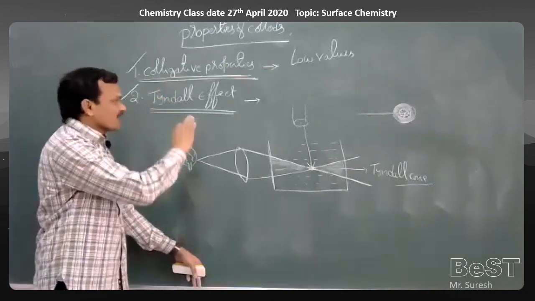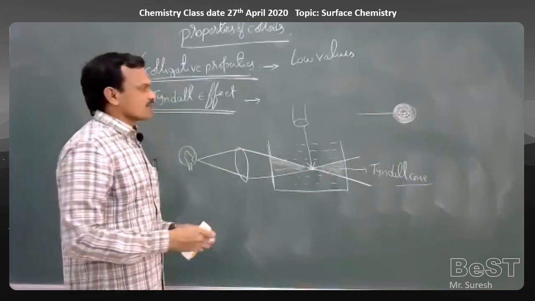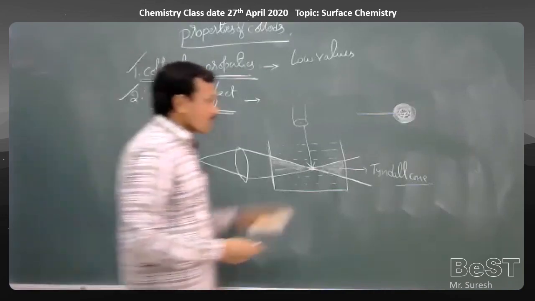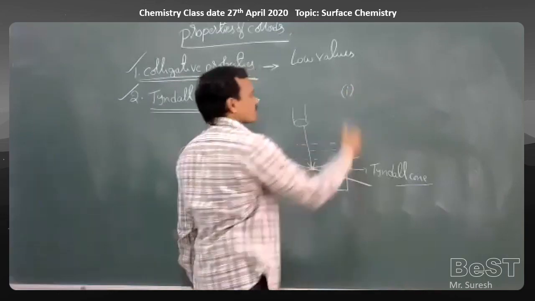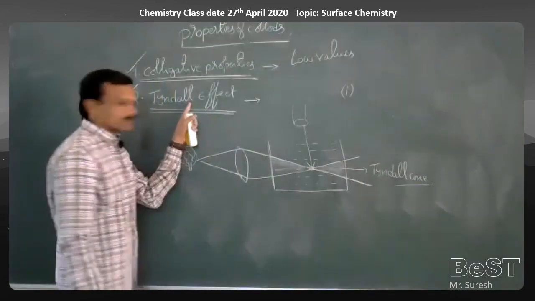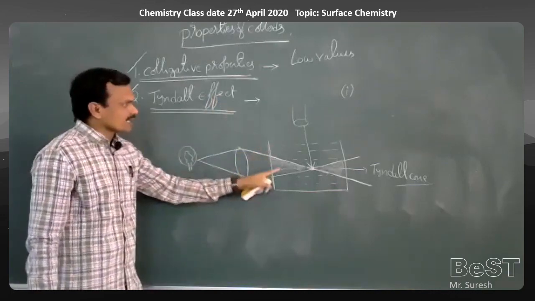But this Tyndall effect is not shown by a true solution; it is shown by colloidal solutions as well as suspensions. What are the conditions required? Two conditions should be satisfied for a solution to exhibit the Tyndall effect.